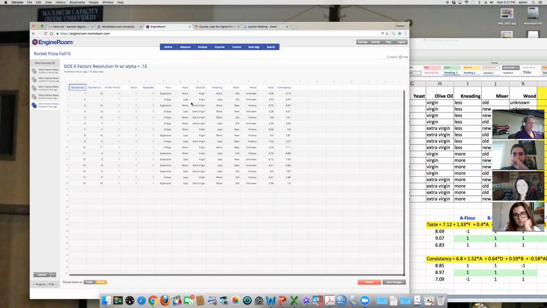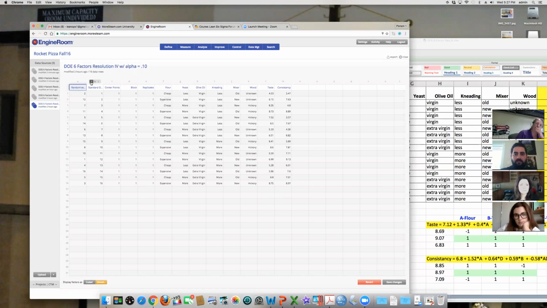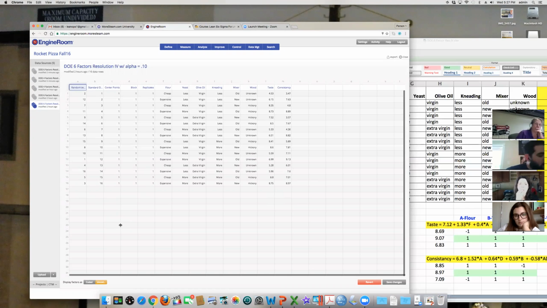When I work with this to see how it breaks out, even though it gives you the runs in randomized order, and it's important to run them in random order when you actually do the experiment, for working with the data I like to switch it over to standard order. So this is standard order, and once you put it in standard order, the way the factors change is much more systematic.